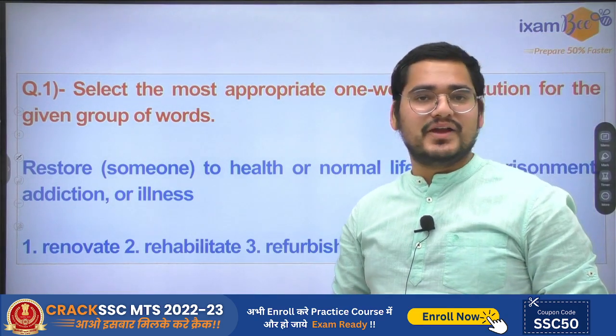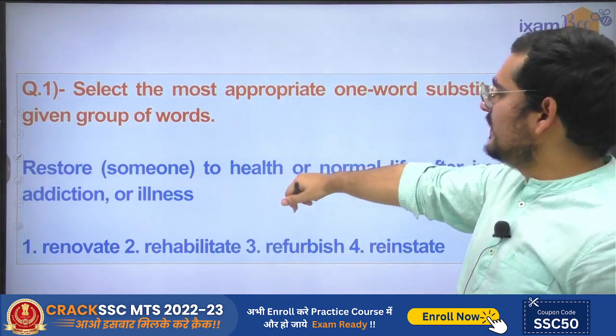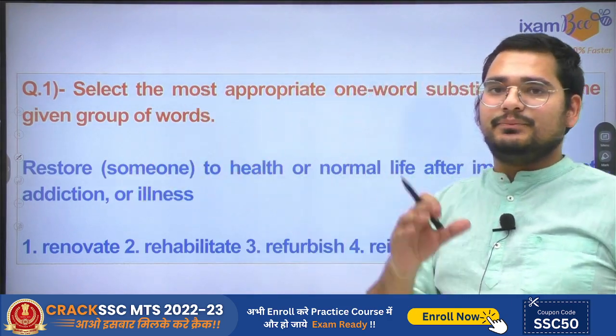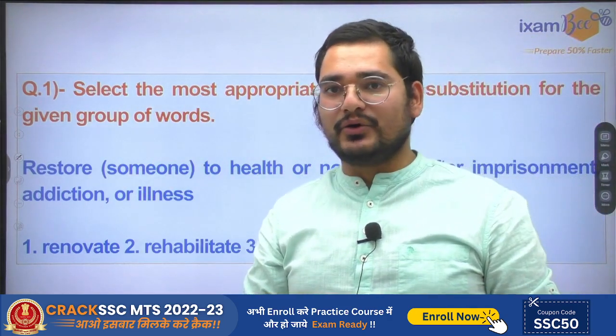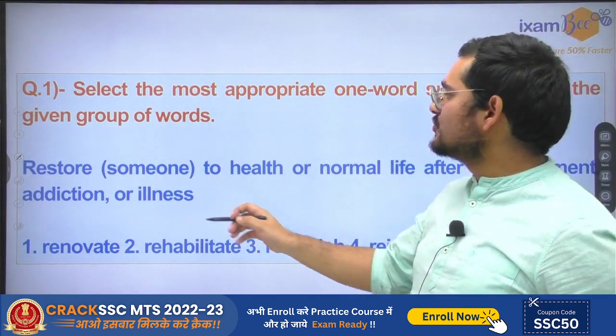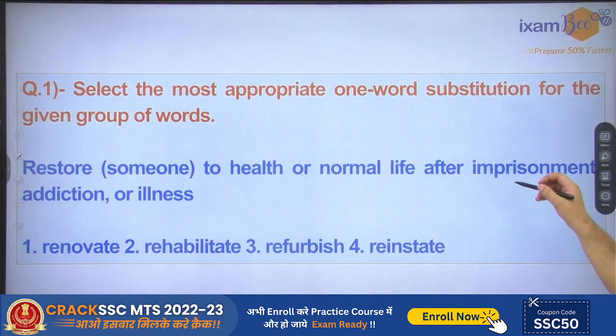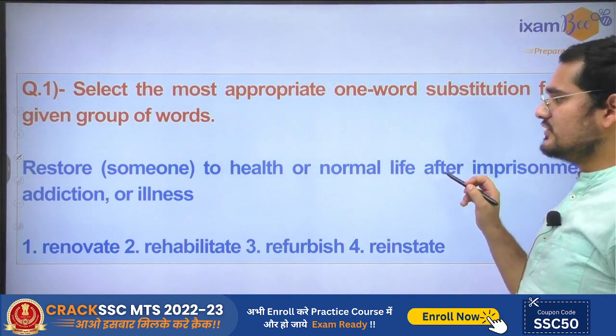So what we have to do here is read this group of words and find what these words mean together, and out of these options which one it relates to. We read it: restore someone to health or normal life after imprisonment, addiction or illness.